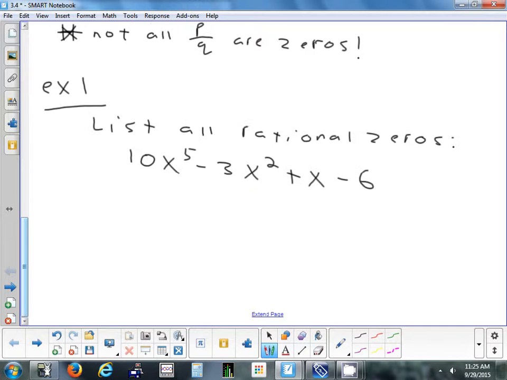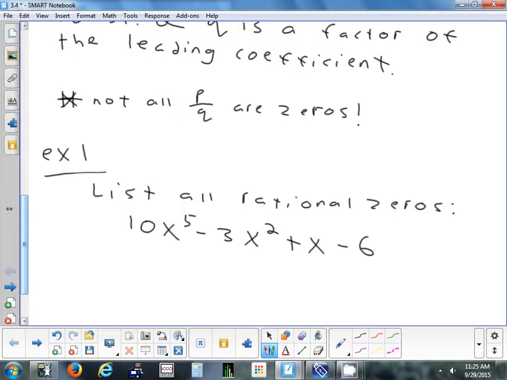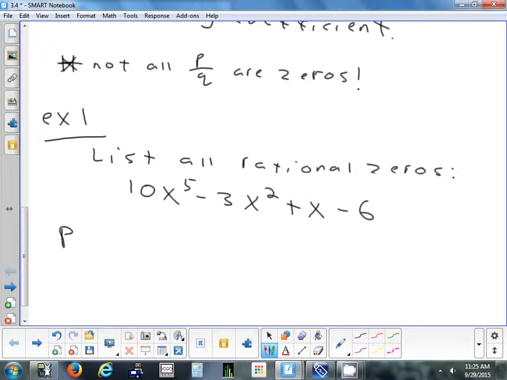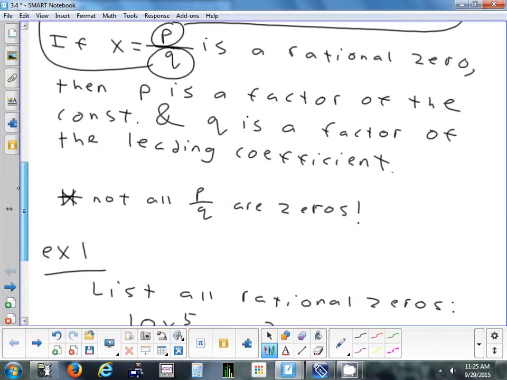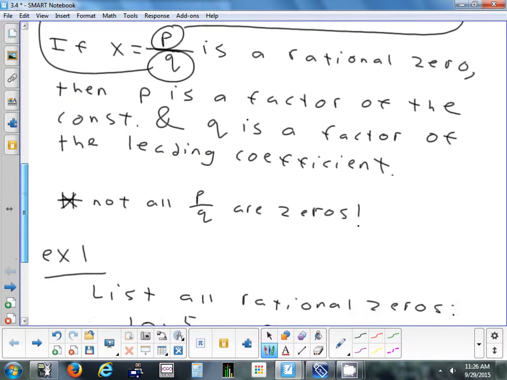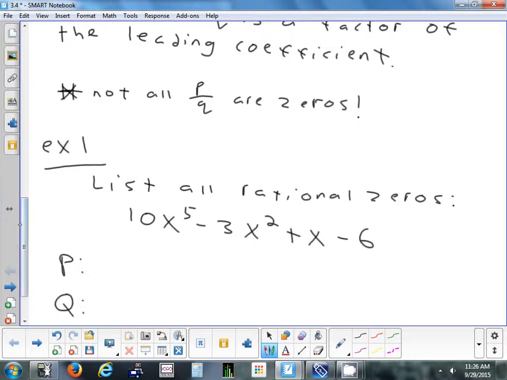All right. So I want to list the rational zeros for this function. All right, so first thing we're going to do is write all our possibilities for p and then for q. Okay, let's start with p. Okay, p is all the factors you can have of the constant. That's my constant.